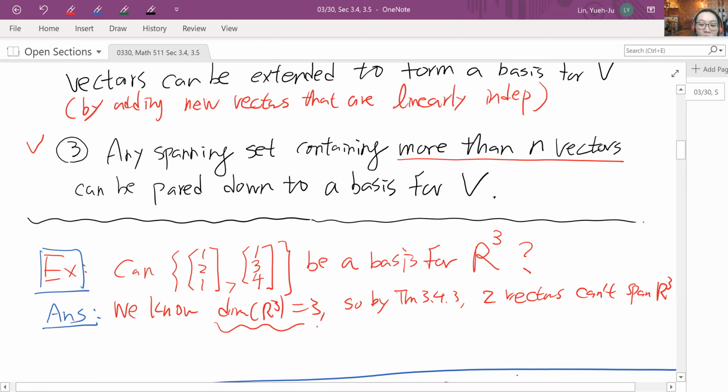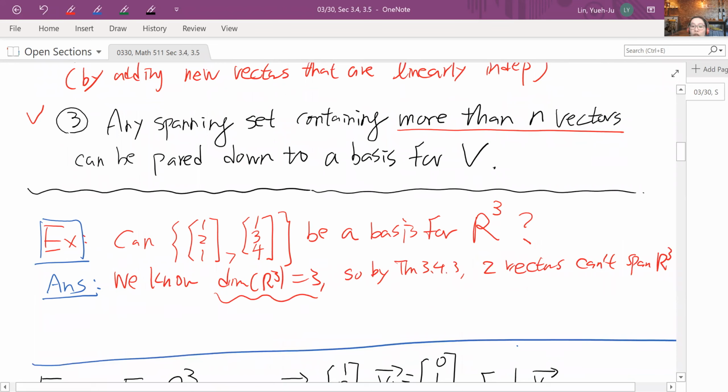You need to mention that, because you know the dimension here. And of course, I can ask the other way around: can 4 vectors form a basis for R3? The answer is also no, because you know you need exactly 3. 4 would be too much, essentially.